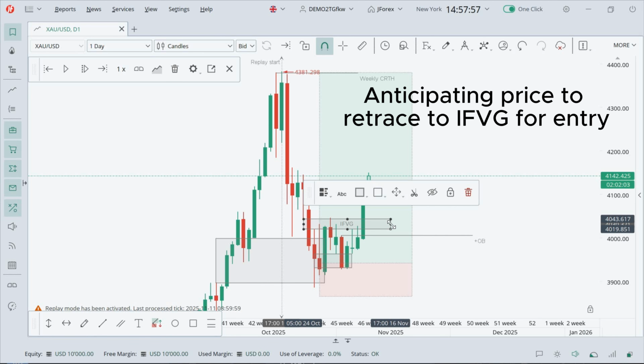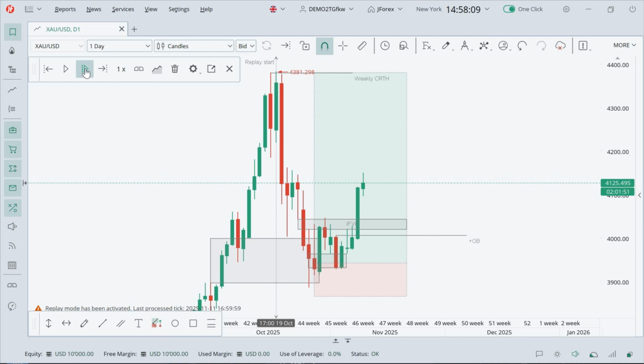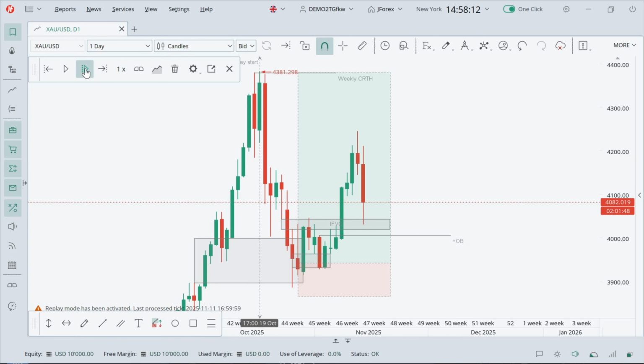There is a daily order block there which we anticipate price to hit, either the inversion fair value gap or the order block or both.